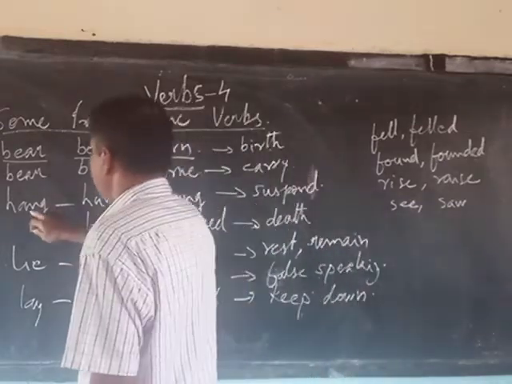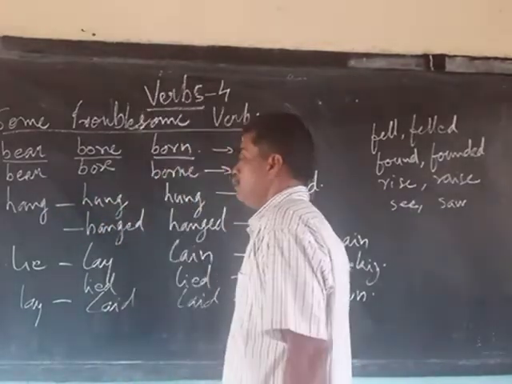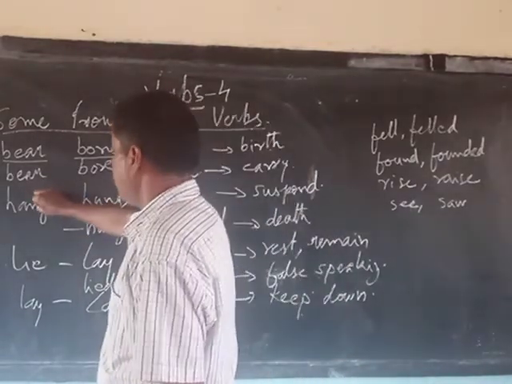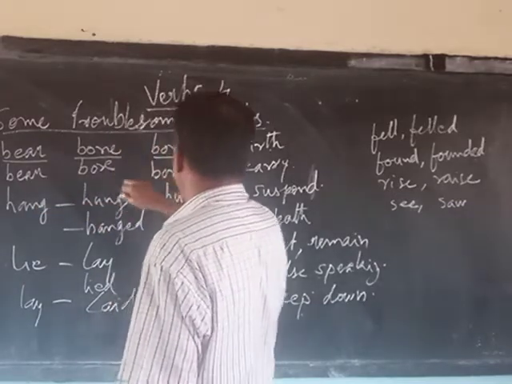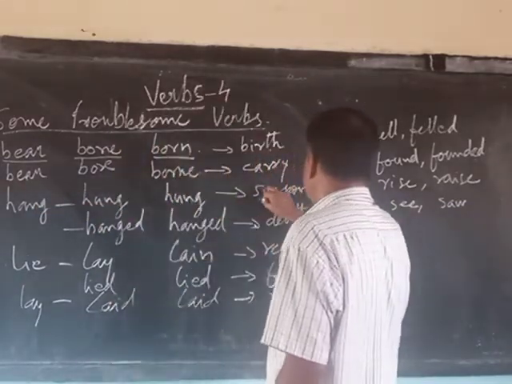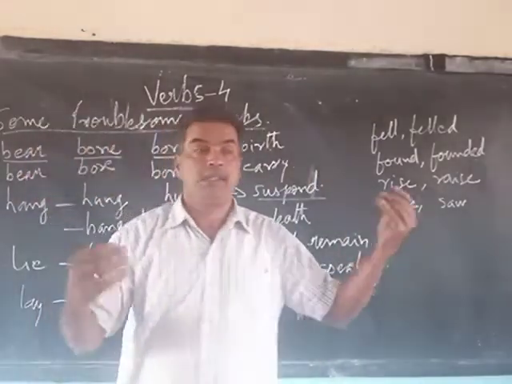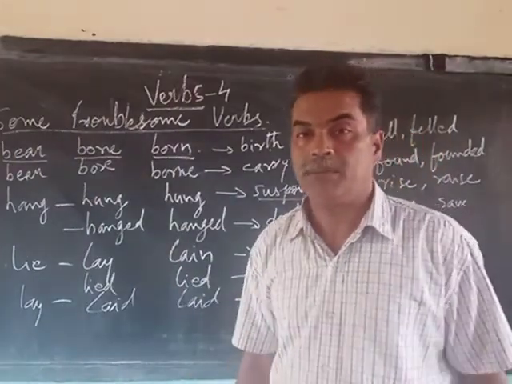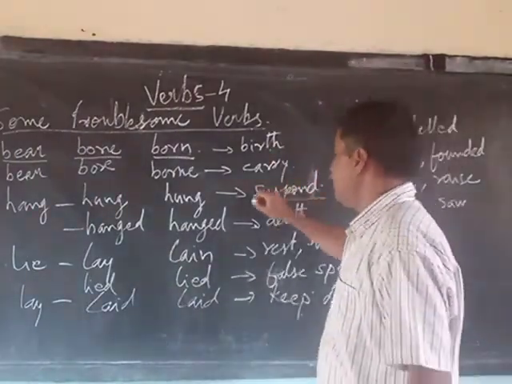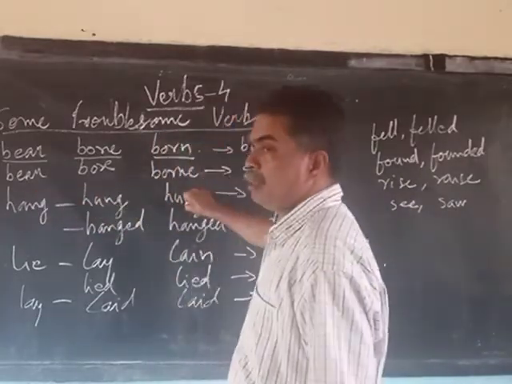Another one is hang. Okay, hang, hung, hung. Hang is the present form, hung the past tense, and hung the past participle. This is related to something being suspended. For example, you hang your clothes for drying in the sun after washing. Okay, that is where we use this hang, hung, hung.